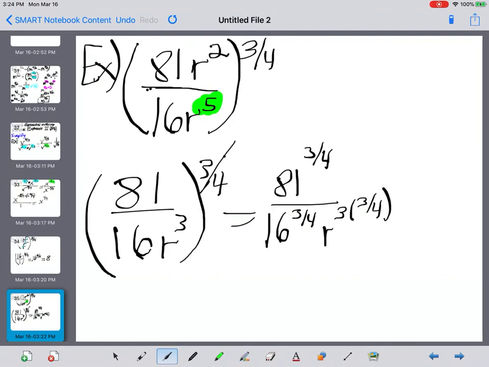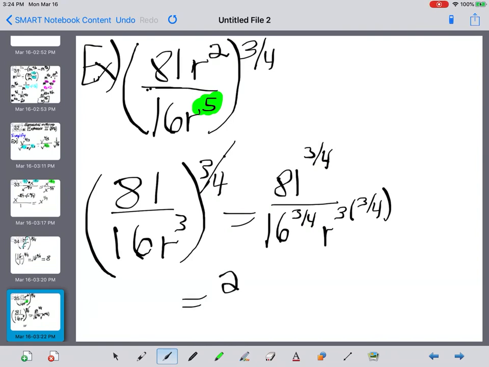Okay, so let's see what those are. So 81 to the 3/4, I know that's going to come out to be a whole number because I know 81 is a perfect fourth. It would be 3. So basically 3 to the third is 27. So I should get 27.